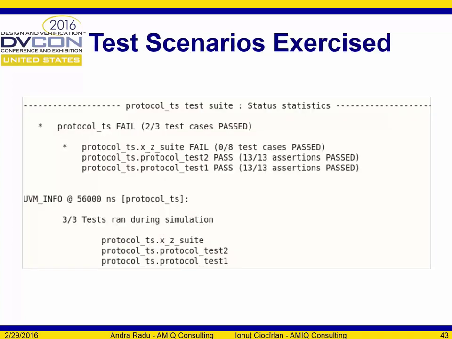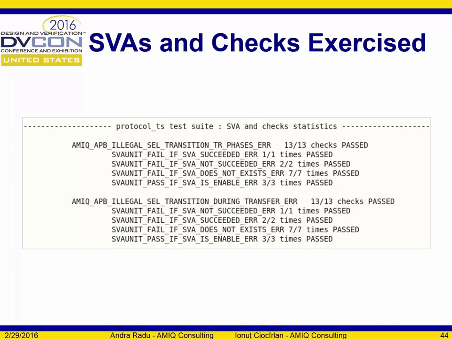You also have a report for what test scenarios you have exercised. So for example, you can see what unit tests have passed, which have failed. The framework automatically flags the tests that have failed with an asterisk, as you can see here. It provides the test counts, how many have been run. We have this similar for the SystemVerilog assertions that have been exercised and the checks that have been exercised on them.